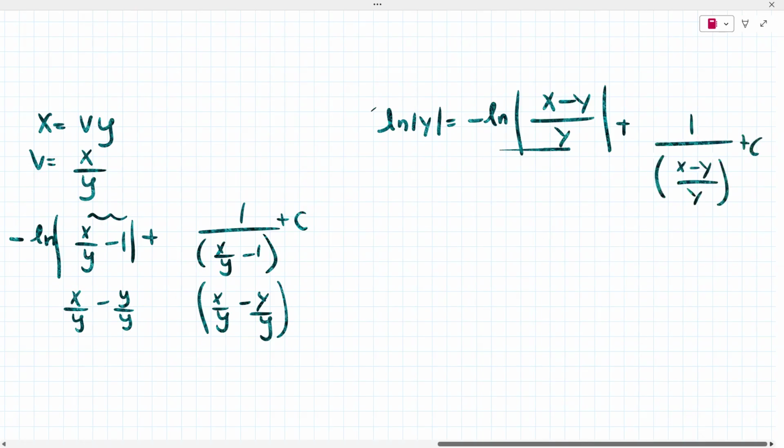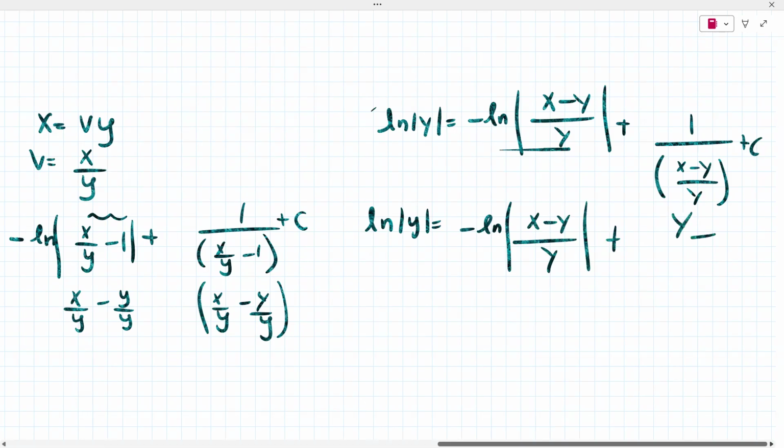So this is going to be ln of absolute value y, which is negative ln of x minus y over y, plus over here, 1 divided by x minus y over y simplifies as you just flip it. So it's going to be y over x minus y.